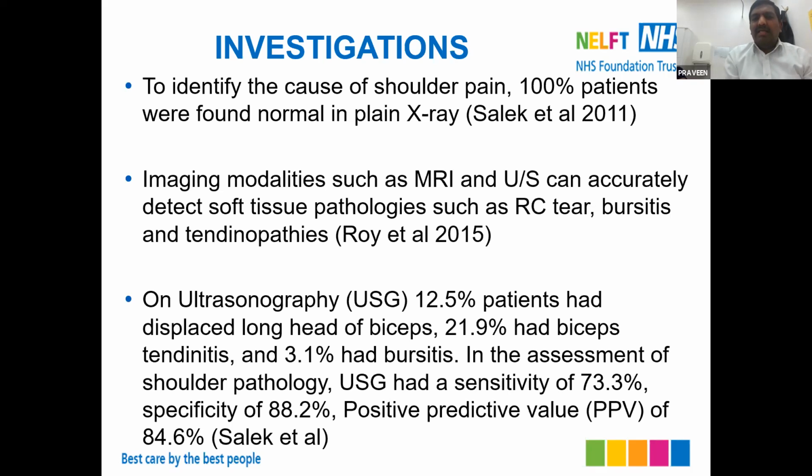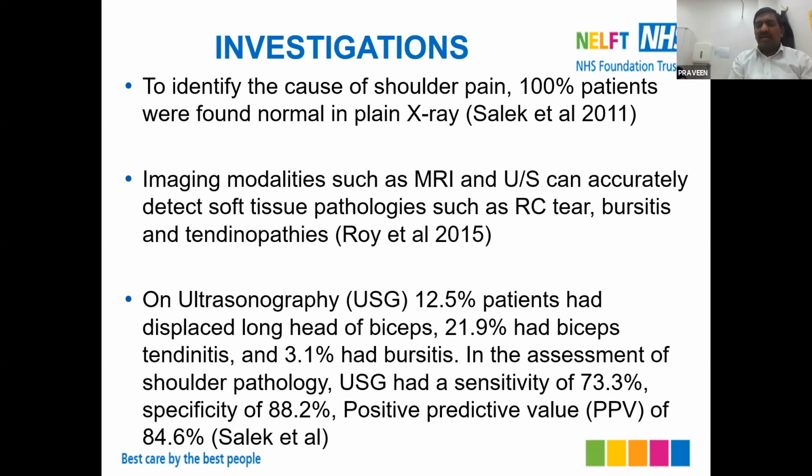So imaging modalities such as MRI and ultrasound scan are accurate to detect soft tissue pathology such as rotator cuff tears, bursitis, or tendinopathies. In the outpatient setting, ultrasound for the shoulder is widely used because it can be done with dynamic scanning.